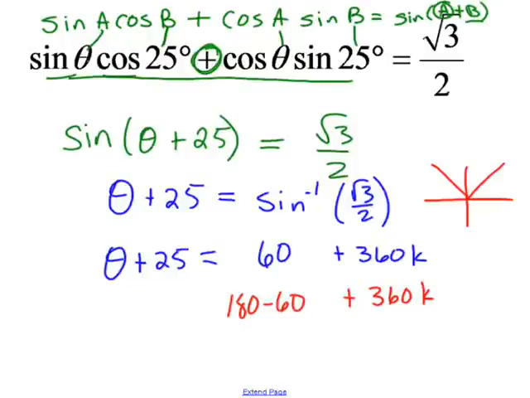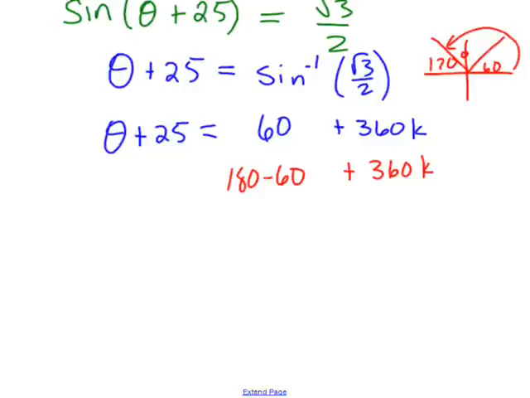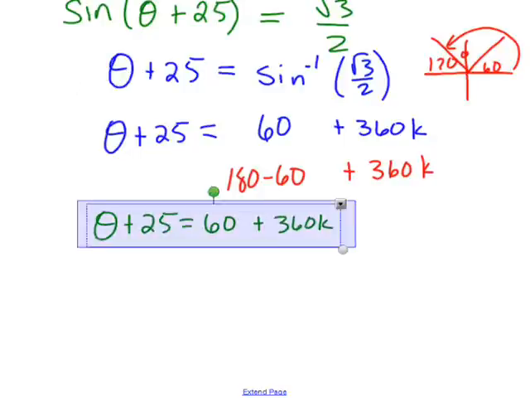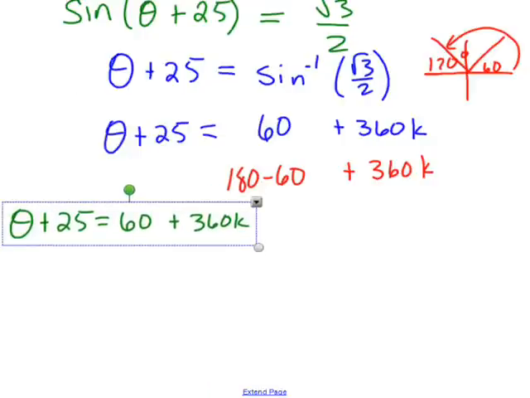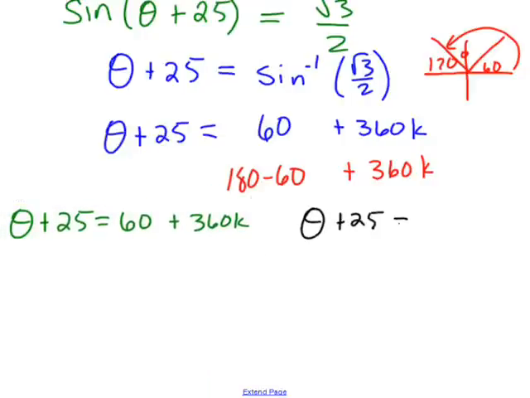So you're going to be looking at the 60-degree angle, or at your 120-degree angle, which is the same thing as 180 minus 60. So now I have theta plus 25 equals 60 plus 360k, and I have theta plus 25 equals 120 plus 360k.